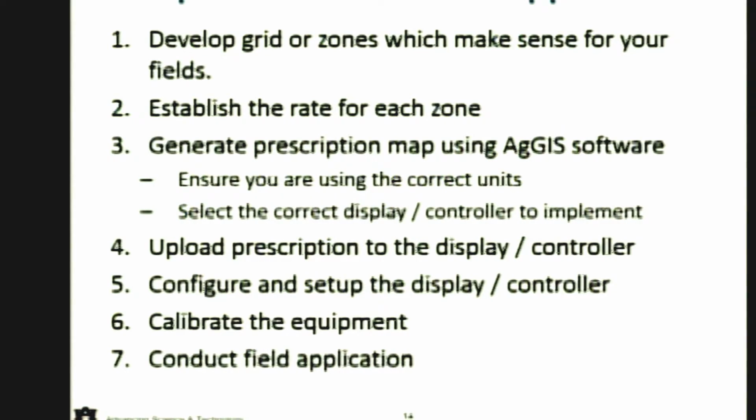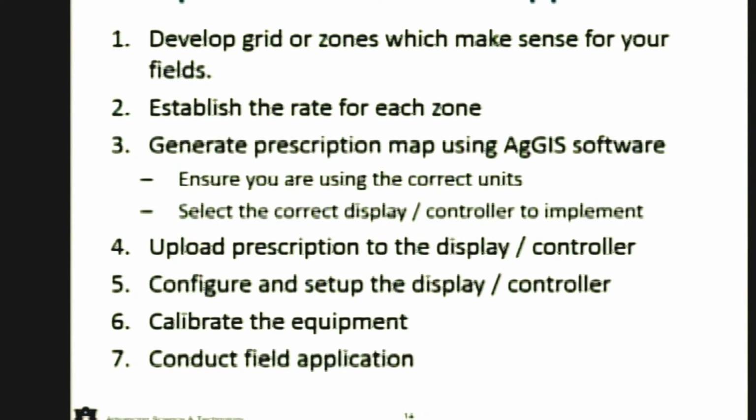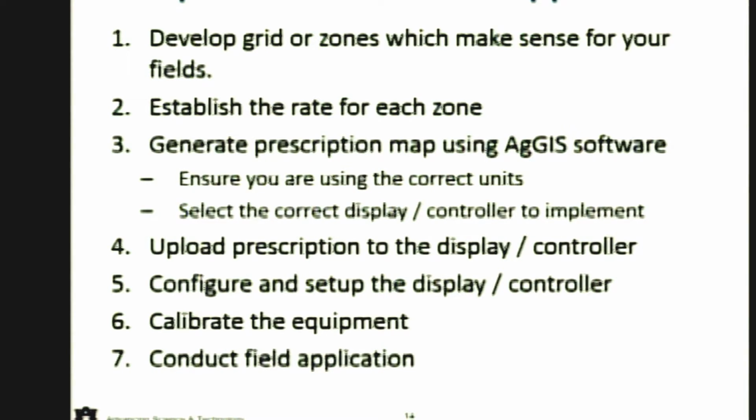So if I'm using the John Deere 2630 behind me, most of these softwares would have a suite, say John Deere. You can give the display. So when you take that thumb drive out to the tractor or sprayer or whatever that might be, it works for that particular piece of equipment. So those are two important things: the units and the fact that the prescription map is built for the very particular display that's in that equipment.